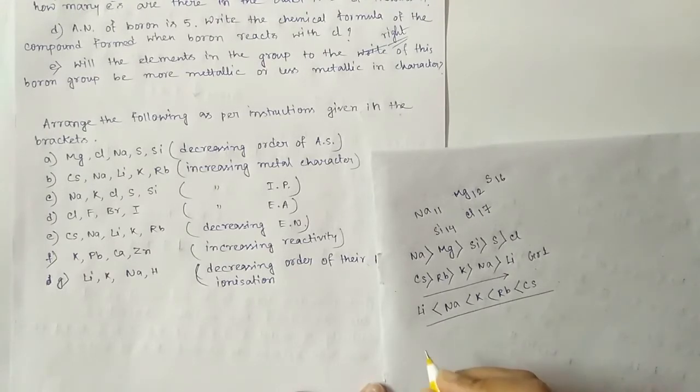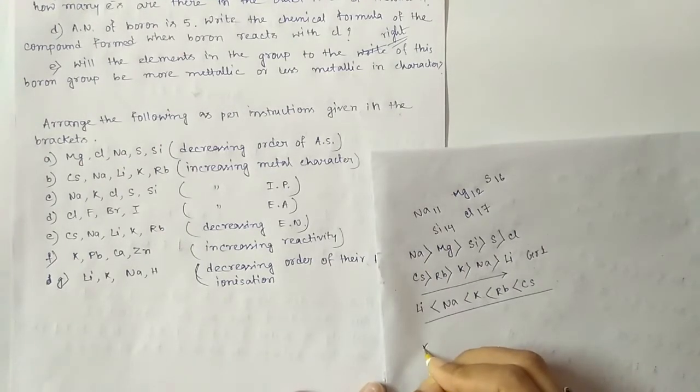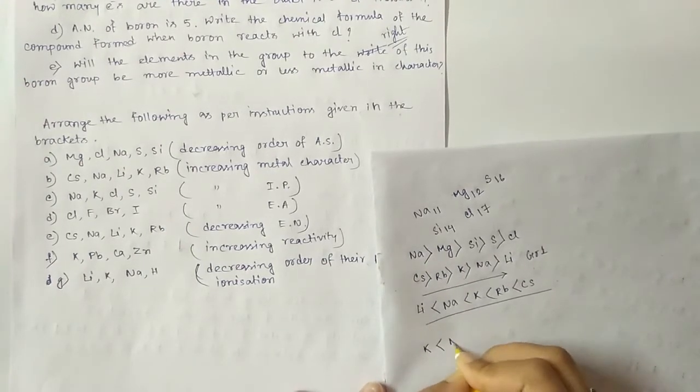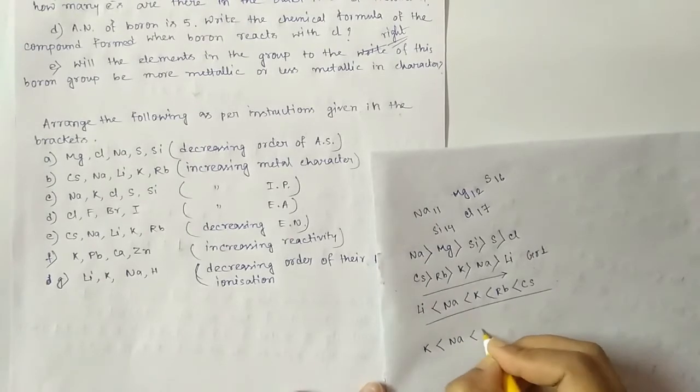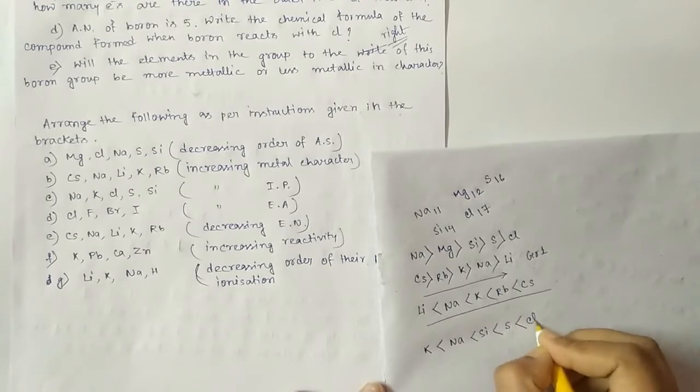So we can conclude that the correct order will be potassium, then sodium, then silicon, then sulfur, and finally chlorine.